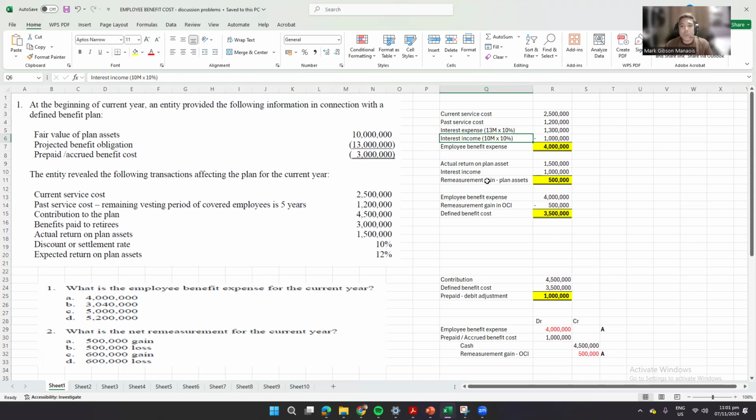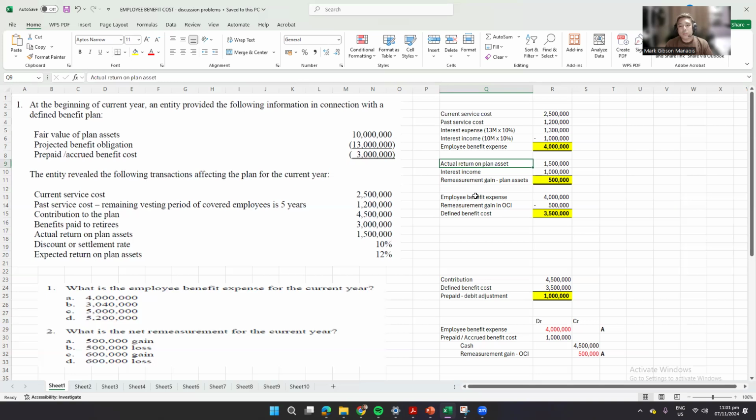Now, we have the actual return on plan asset, and then we're comparing it to our interest income so that we can compute for the remeasurement gain or loss on our plan asset. So that's also part of our discussion earlier.